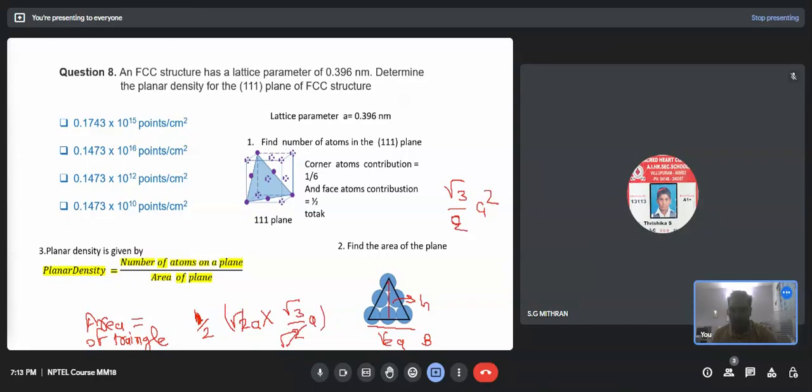And since this value is given in nanometer, so we have to calculate the value in centimeter because the options are in centimeter.